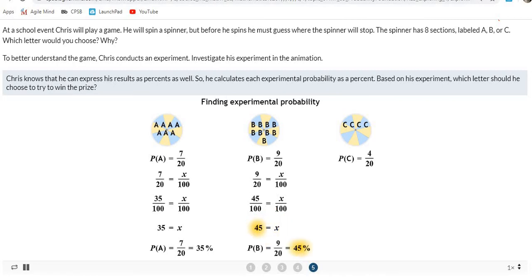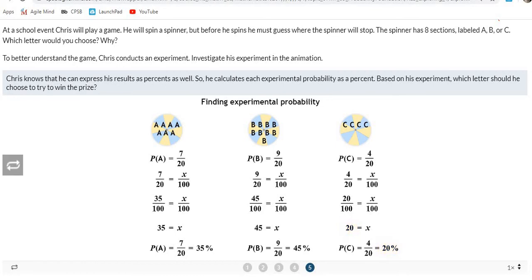Then we look at C and calculate that, and we see that it is going to be 20% of the time the spinner should land on C. That is our theoretical probability.